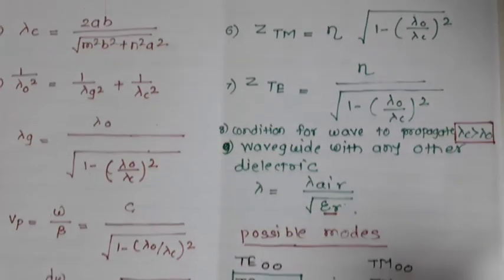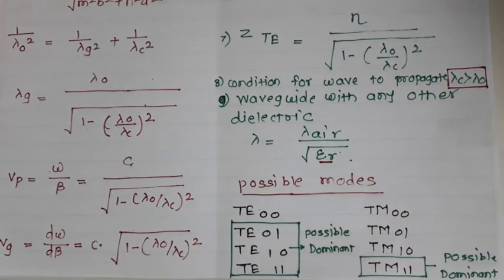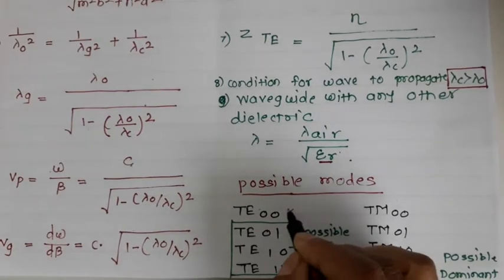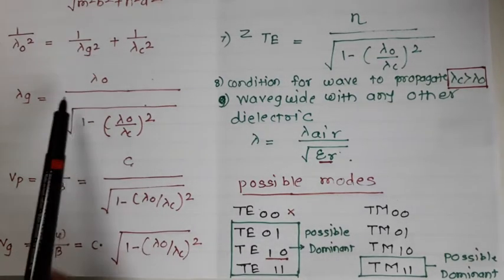Now let us talk about the TE and TM waves. Which modes are possible and which are not? In the TE wave, the 0 0 mode is not possible. The possible modes are 0 1, 1 0, 1 1, and among them TE10 is the dominant mode, as it has the maximum cutoff wavelength.